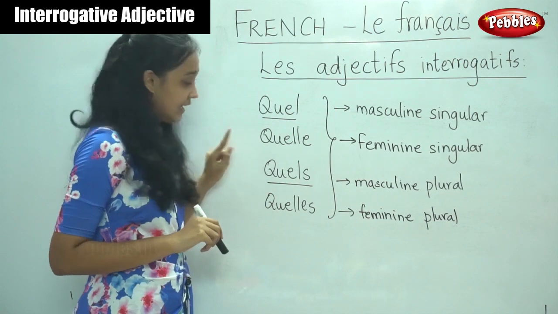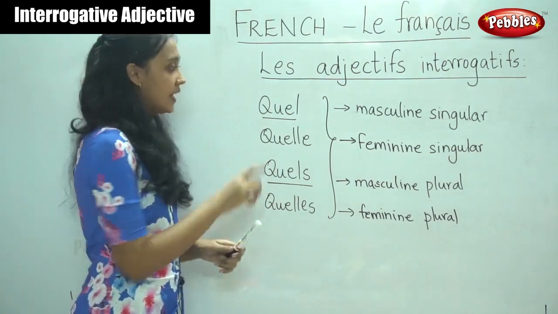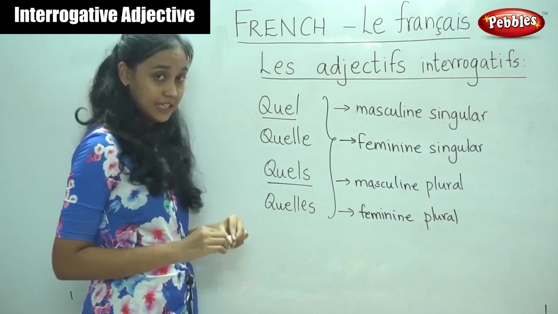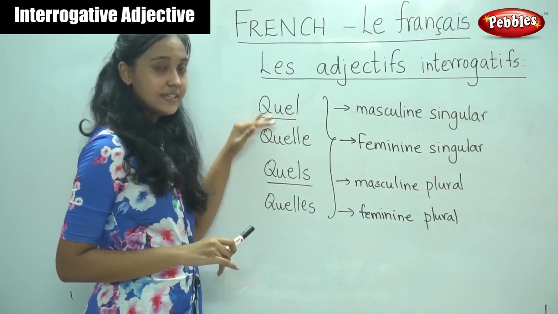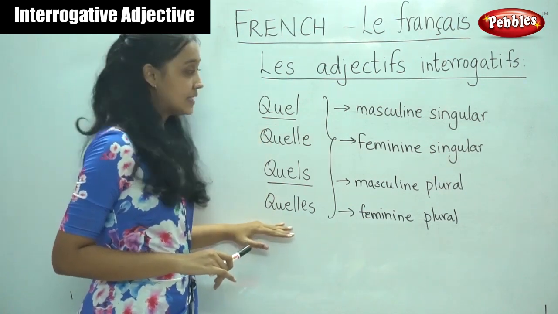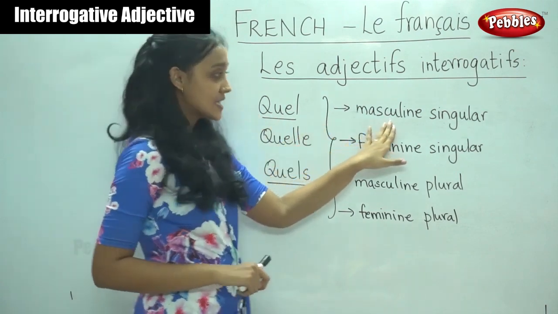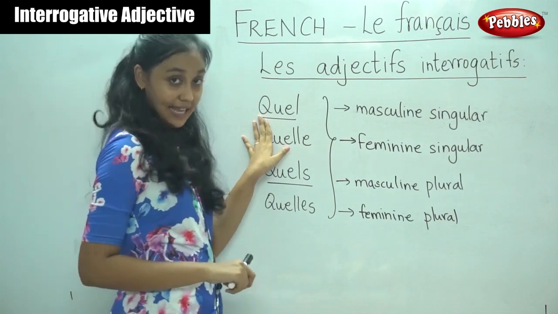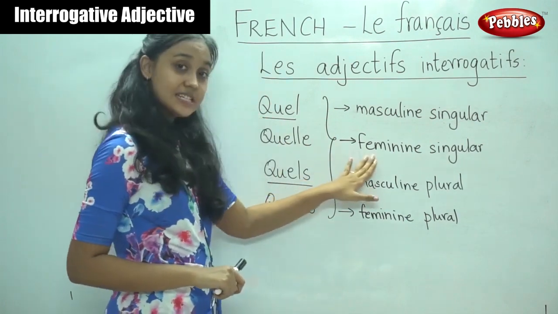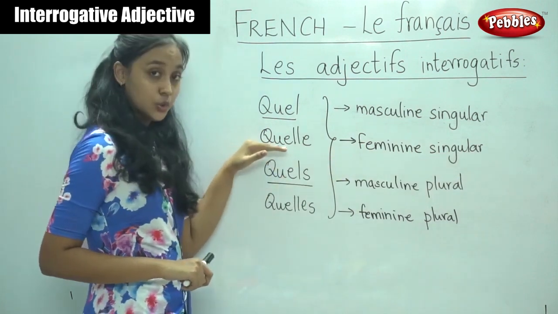Quel, quelle, quels and quelles. They are all pronounced the same. They all have the same meaning. It means what or which. However, their usage differs depending upon the noun. So if the noun is a masculine singular noun, we use quel. If it is a feminine singular noun, we use quelle.